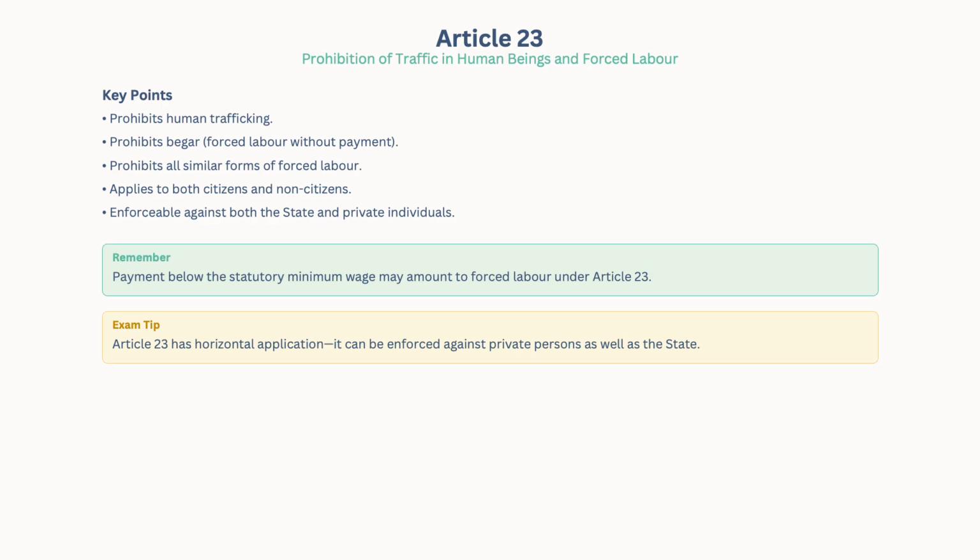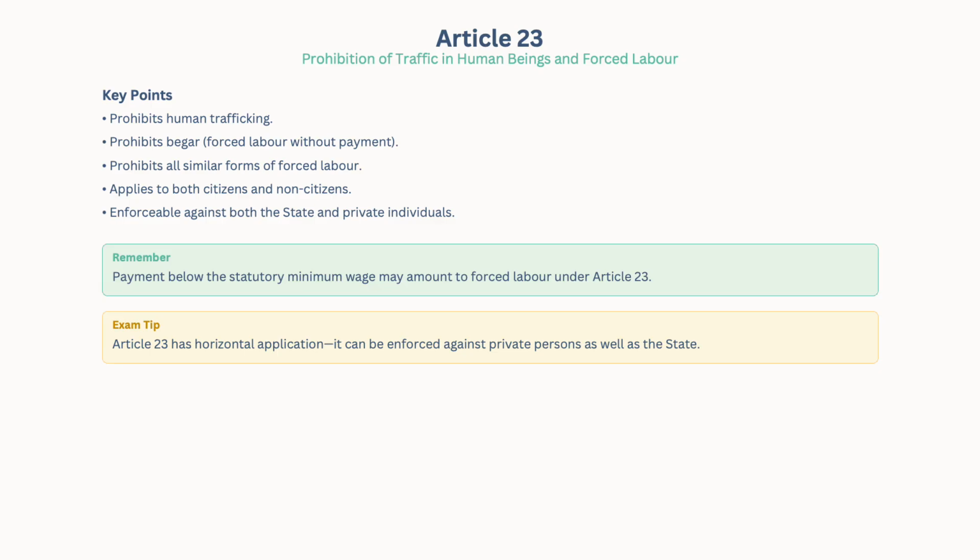Okay, now what is forced labor? Can anyone answer me? Forced labor means it's a kind of modern slavery where a person is forced to work, right? And sometimes it can be unpaid, and even if it's paid, it's below the minimum wage.